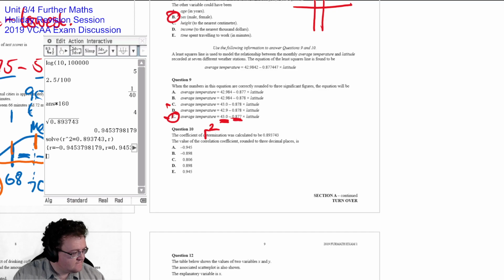So only 41% of people got that right because they relied too much on literally what their calculator says. It is the one thing that these calculators can't do automatically. You have to specifically request it. The way I've shown you how to do it here, by doing r squared equals something, solve for r, makes it do the plus or minus. And then you can solve from there.